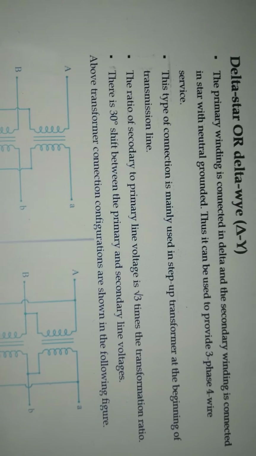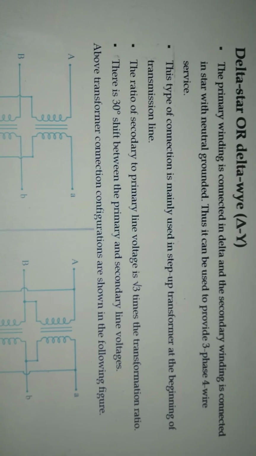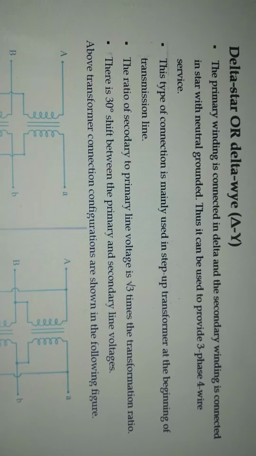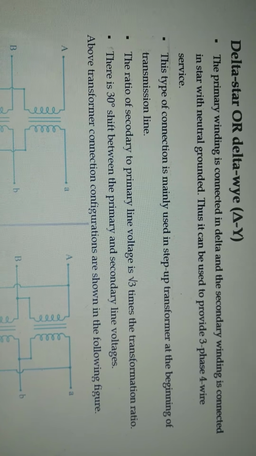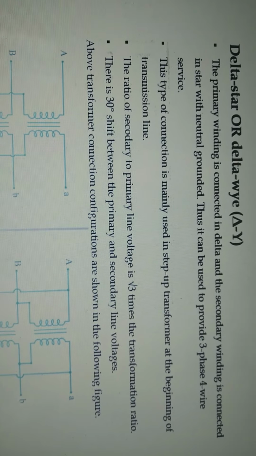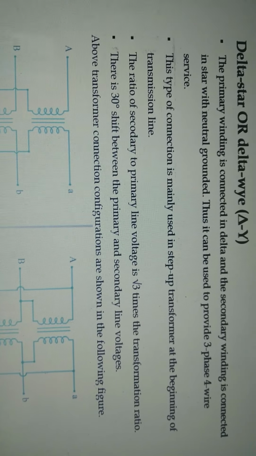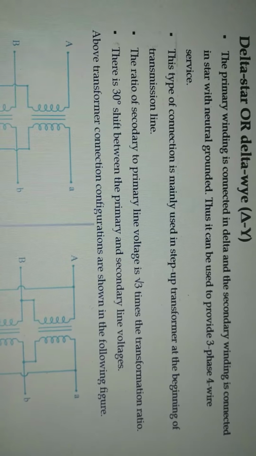Then delta star or delta to Y. The primary winding is connected in delta manner and the secondary winding is connected in star with the neutral grounded. Thus, it can be used to provide three-phase four-wire service.